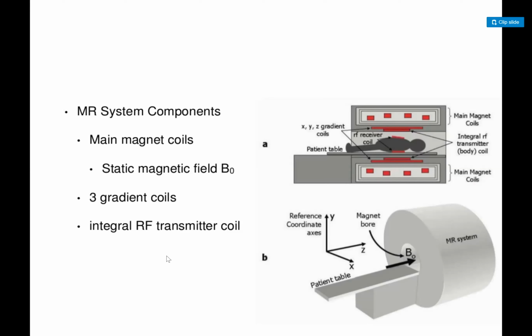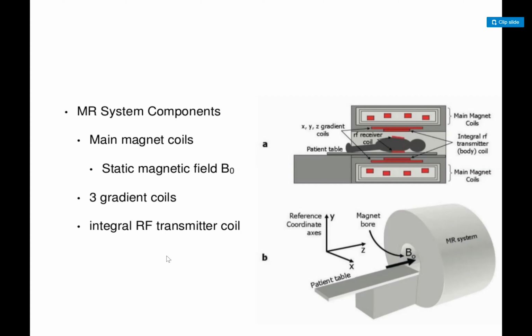In the Earth's magnetic field, which is thousands of times less than the MRI magnetic field, the body has a very, very weak magnetic value. But when you put the body inside an MR system, the MR bore, which is 1.5 Tesla or 3.0 Tesla, we have both at UMass, the body gets magnetized.